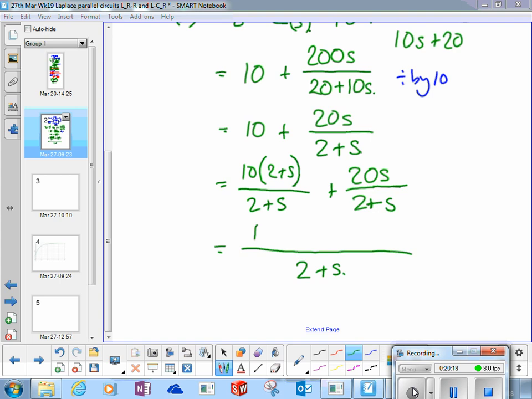So we've got 10 brackets 2 plus s plus 20s.